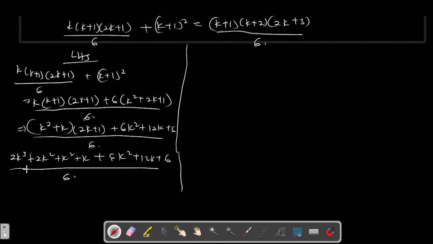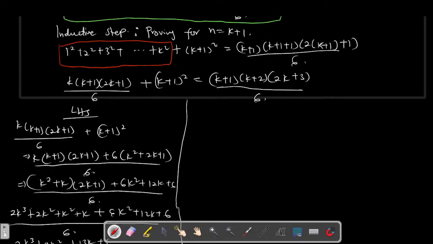So now you can see that I have 2k cubed on one side. I have 2k squared, 3k squared, plus 6k squared, that is 9k squared. I have k plus 12k, that is 13k, then plus 6 all over 6.